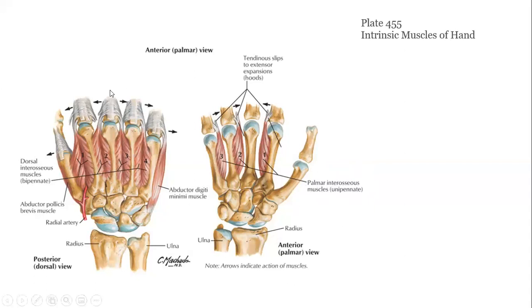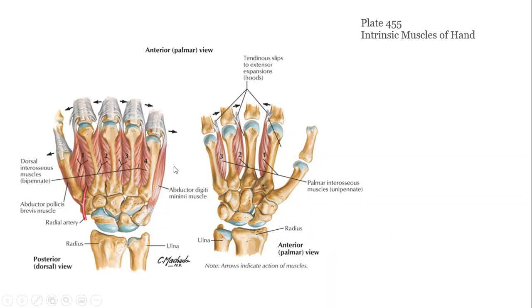So your middle finger here has 2 DABs, 2 dorsal interossei, because moving it in either direction is considered abduction. Versus here, your palmar interossei, there's no palmar interosseus for the middle finger because at rest, it is adducted.